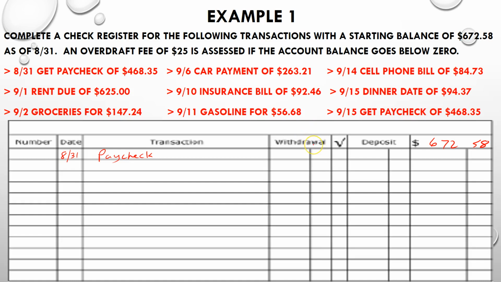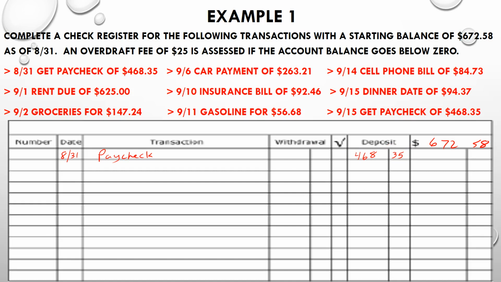This is money that I am adding into my account. So this is my deposit. My paycheck is getting deposited into my account. So I'd put it right in here, $468.35.